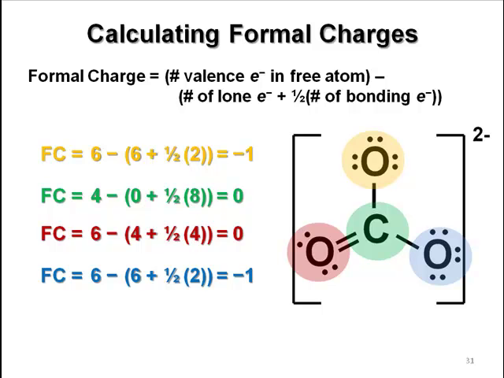Now, these two have 0 formal charge. If you add this up, -1 and -1, does that equal -2? Yeah. So the sum of the formal charge equals the ionic charge. The central atom equals 0, check. And the outer ones have the formal charge. This one and this one are on the outside. Now some of you might be going, well, how do you differentiate between the red one and the blue one and the yellow one? You really can't. It's just a way of drawing a picture of what's going on.